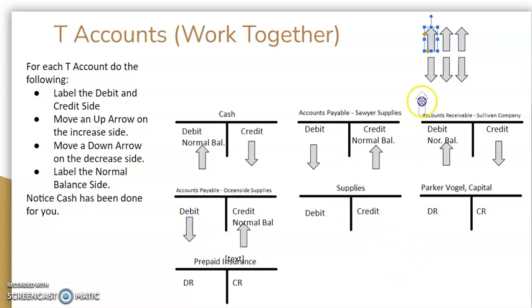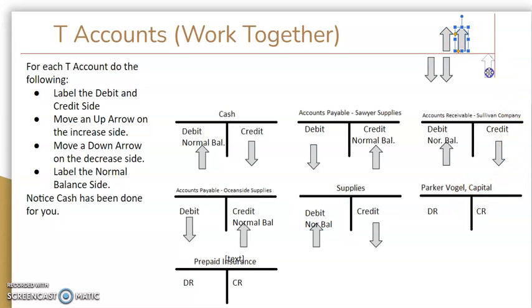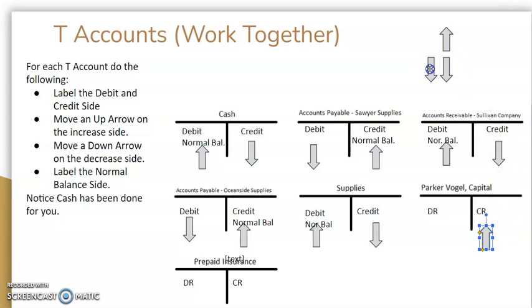Supplies, that's an asset, so it will increase with the debit, decrease with the credit. Normal balance, debit side, where it increases. Parker Vogel Capital, that's going to be a credit balance. It's your owner's equity, so it will increase with the credit, decrease with the debit, normal credit balance.